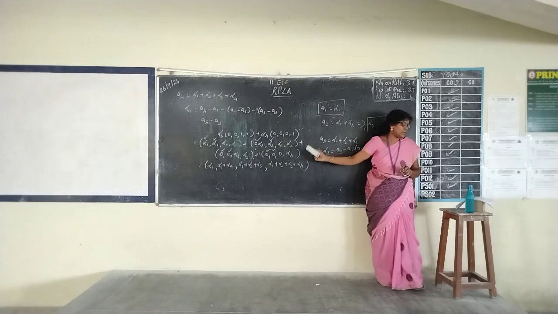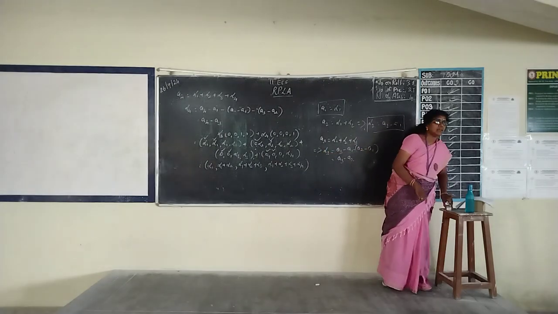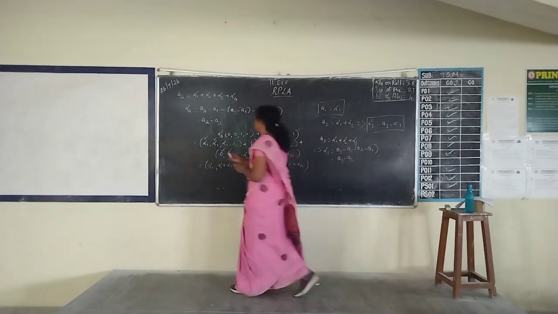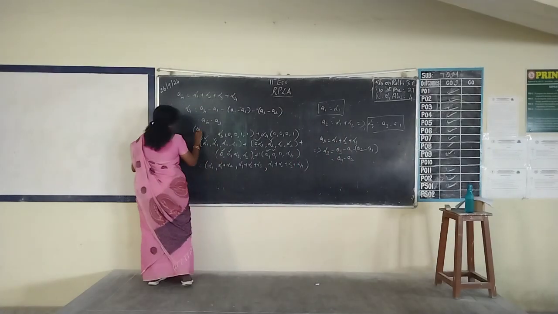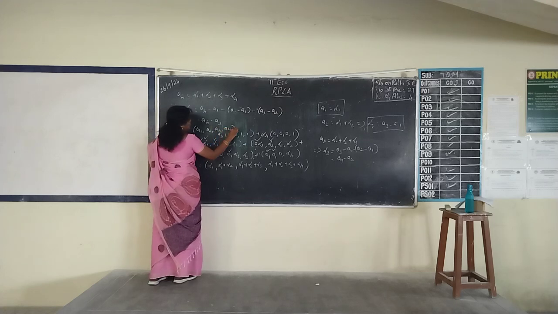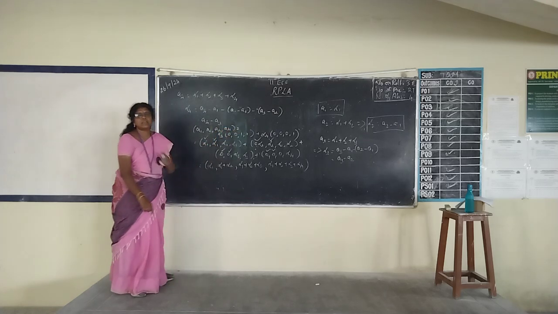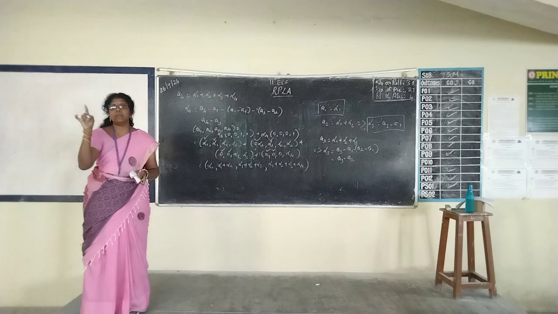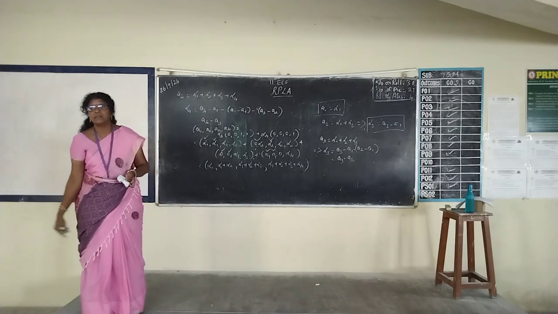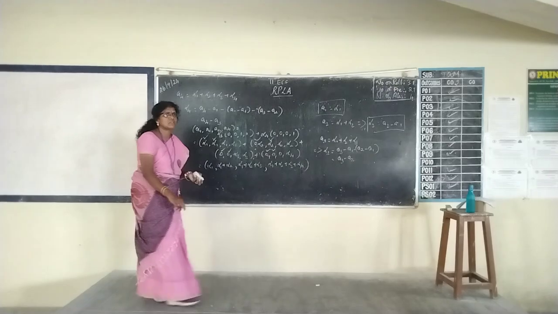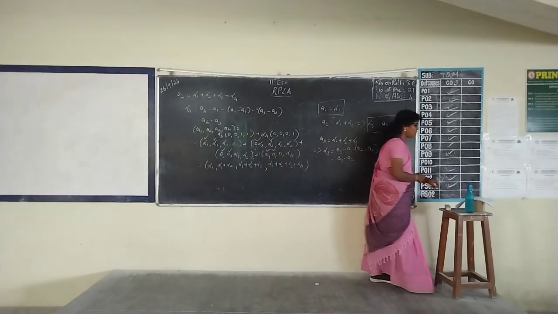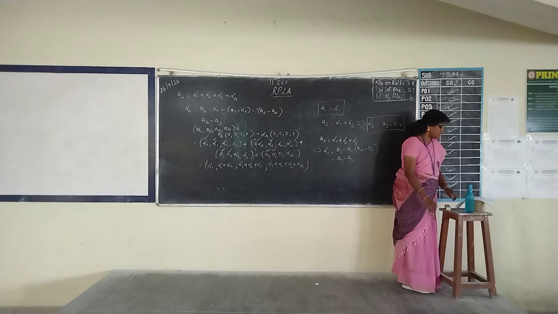Hence, the vector A1, A2, A3, A4 equals alpha 1 U1 plus alpha 2 U2 plus alpha 3 U3 and so on. Let us replace all alphas. That will be the final conclusion. Substitute all alphas and write.